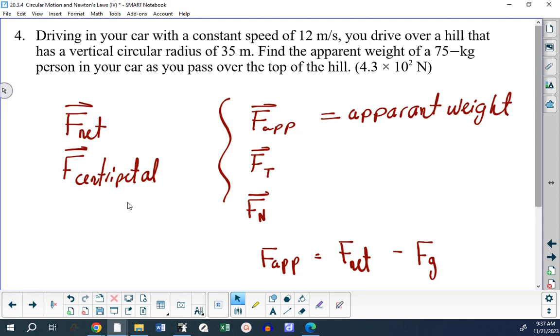Wow. I've subtracted the wrong way. And boy, this is going to be tough for me to explain. Huh.